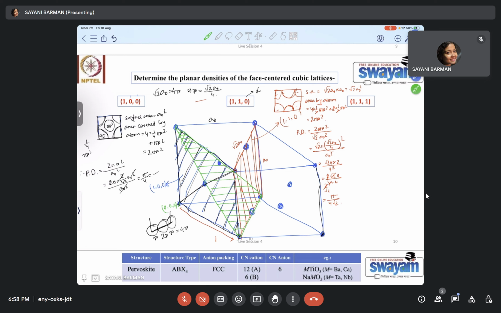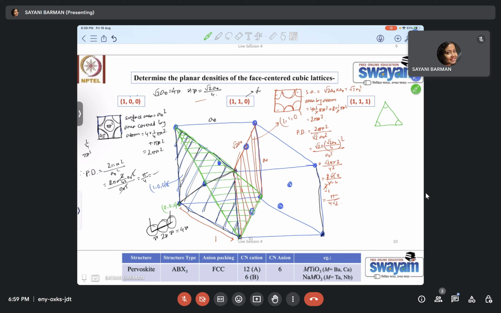So you can see these edges are also face diagonals, right? So the surface looks like a triangle, and in a triangle, how many 60-degree angles are there, right?